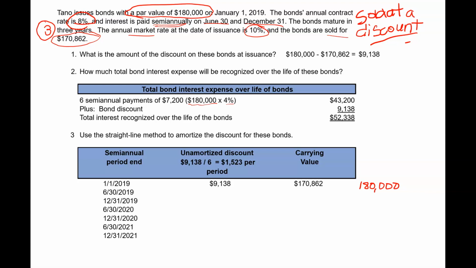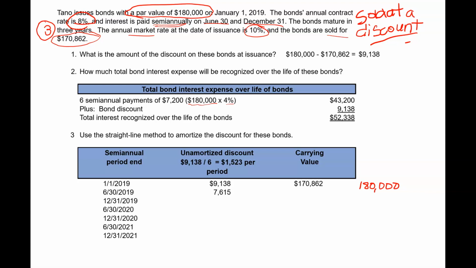We will be making 6 payments. So take the $9,138 and divide it by 6, which is $1,523 per interest payment. In discount on bonds payable, we have $9,138 as a debit balance.